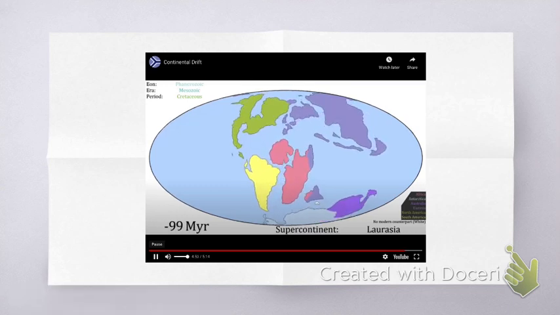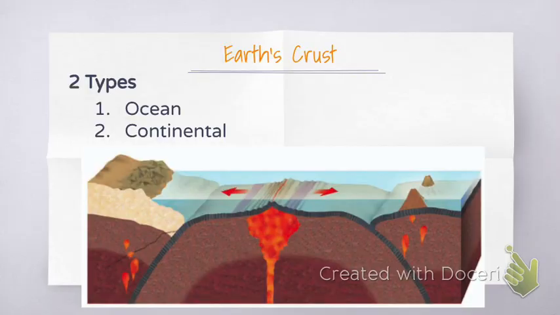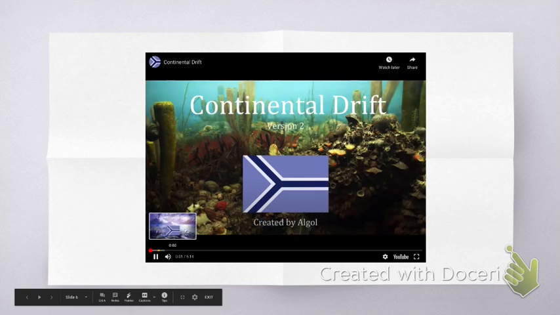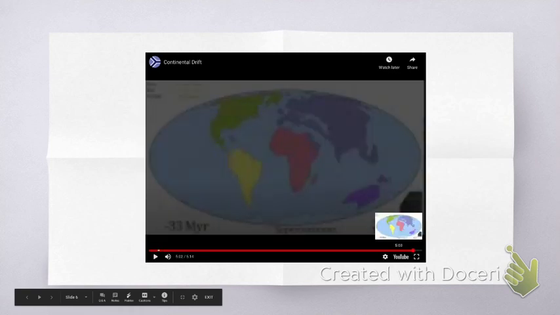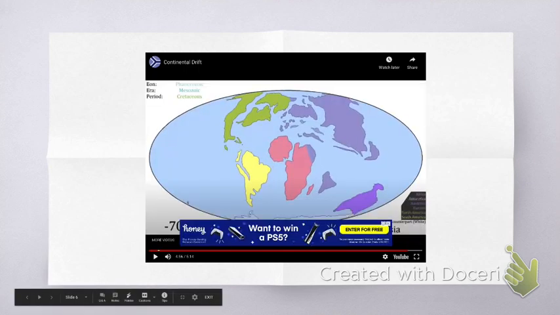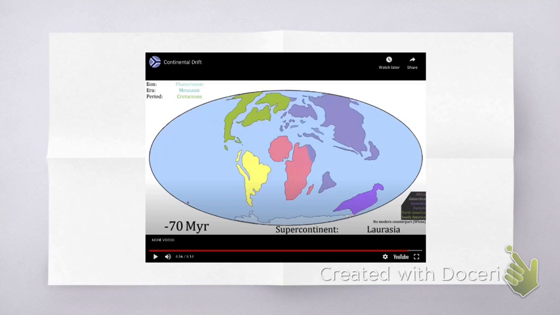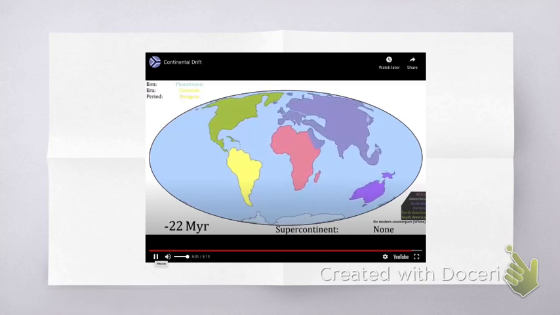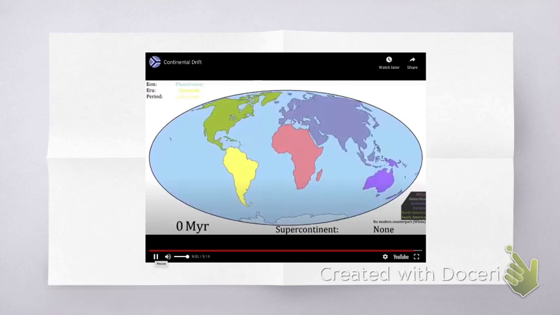And kind of interesting, right here, North America splits apart. So we've got an ocean running through North America here, and this could be how the Rocky Mountains formed. You see it closes up there, comes back together, and then we've got our continents all in the places that we recognize.